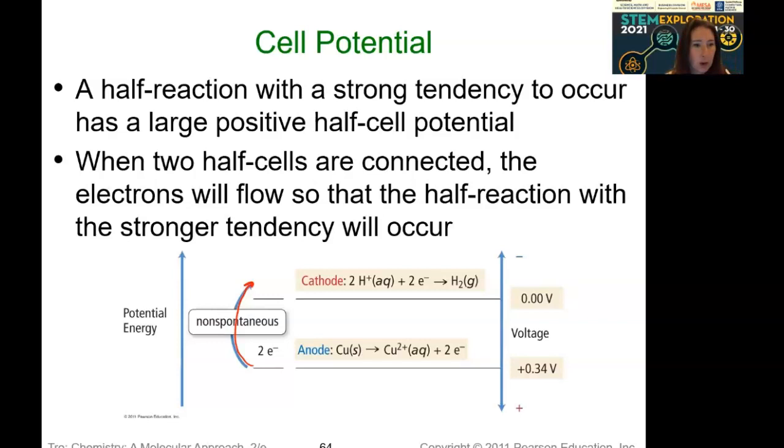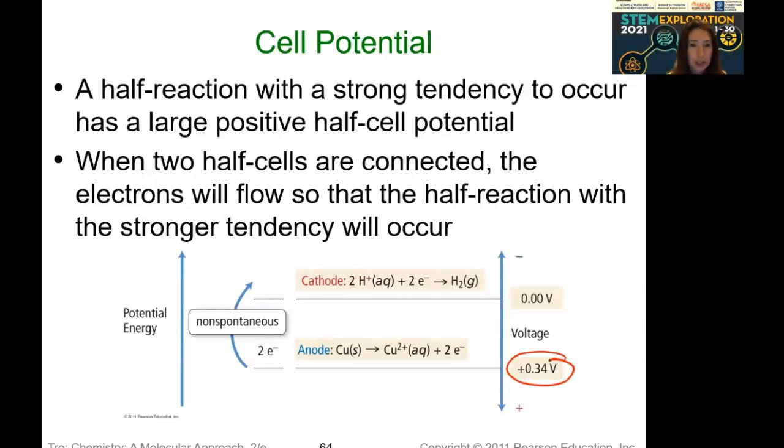Okay, so our copper has a more positive potential than the SHE. And I'm going to talk about what the SHE is in just a second. So our copper has a positive potential, which means that the anode, where oxidation takes place, has a lower potential energy than the cathode. And so the electrons will not spontaneously flow from the anode to the cathode.